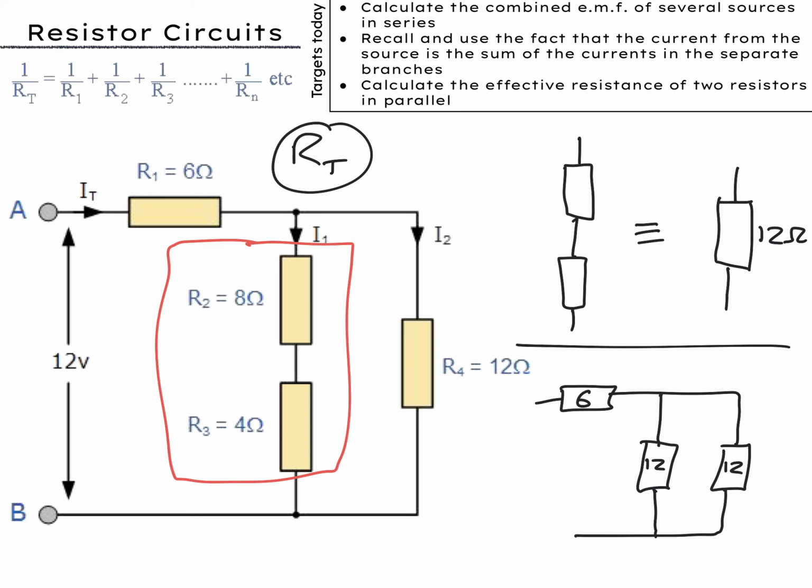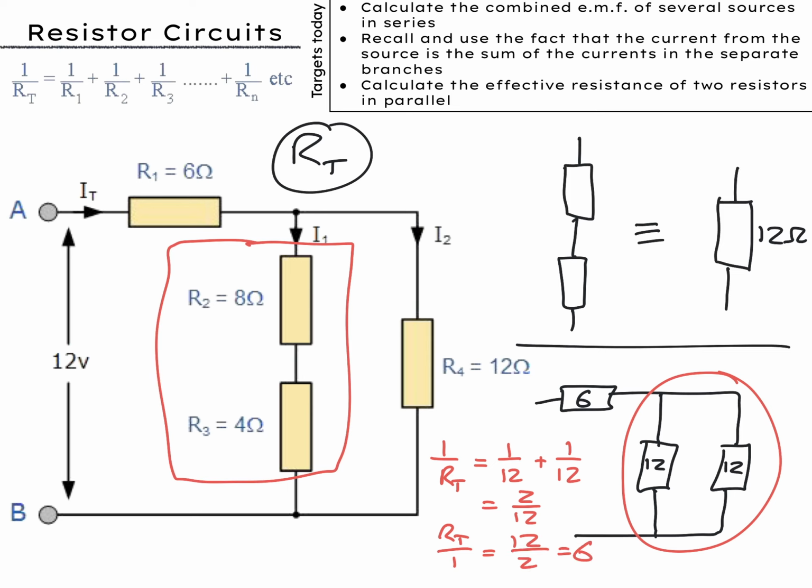Now we have a parallel section to sort out, but luckily they are both 12 ohms, so I know the total resistance is going to be 6 ohms. But let's work it out anyway. And here is the new equivalent circuit.